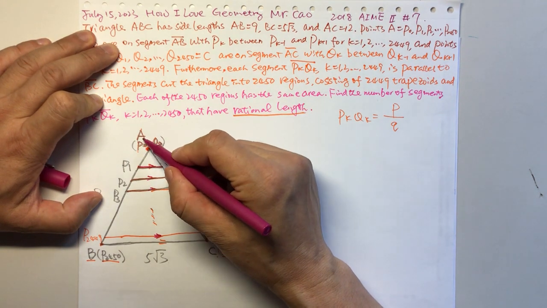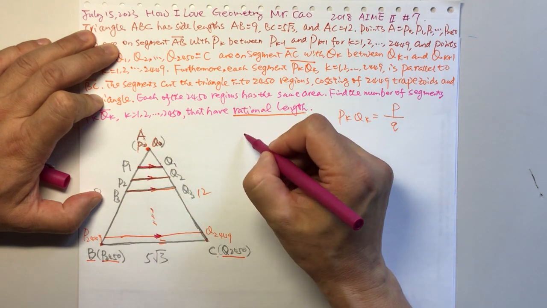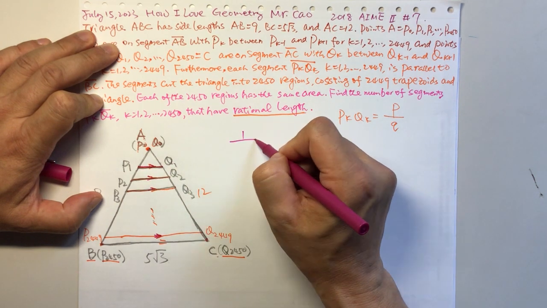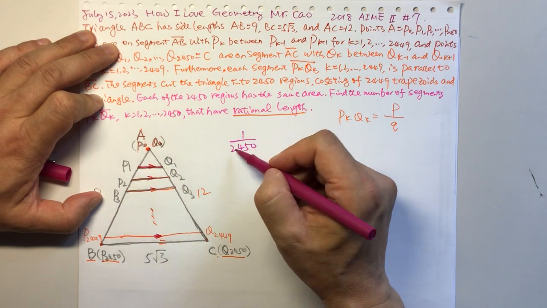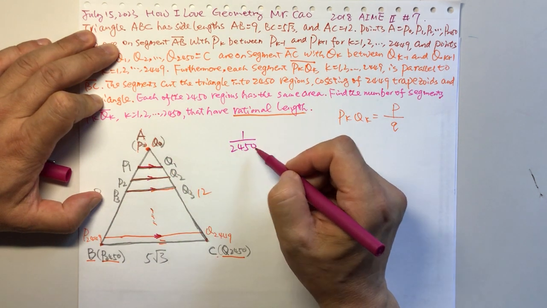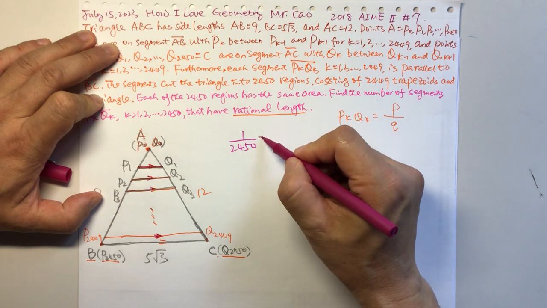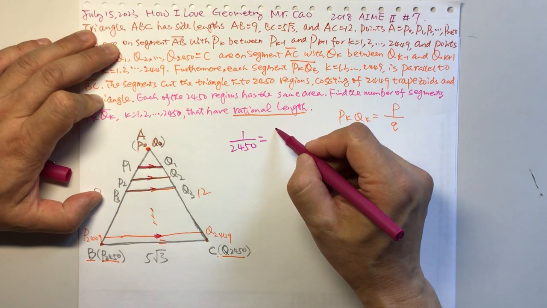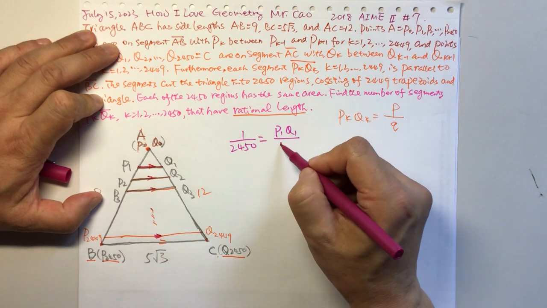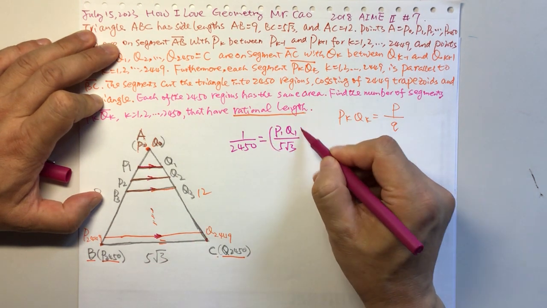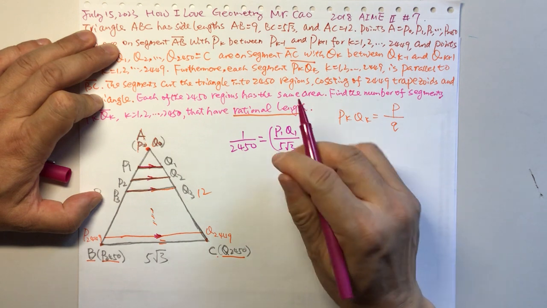The area ratio of AP1Q1 to ABC is 1 to 2450, because we have so many equal areas. It equals the side length ratio, P1Q1 over 5 square root of 3, then squared.